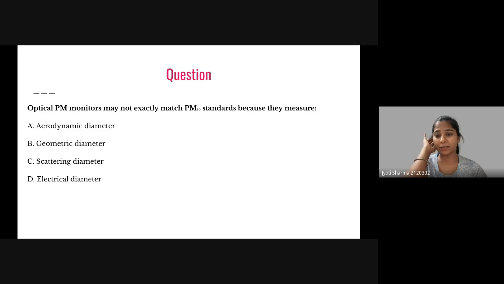If we are talking about the impactor, then no doubt the mass of your particle is very important, right? And again, I told you, along with that mass we also need the velocity. Even if we do have higher mass but the velocity is less, then yeah, it can move along with the air.